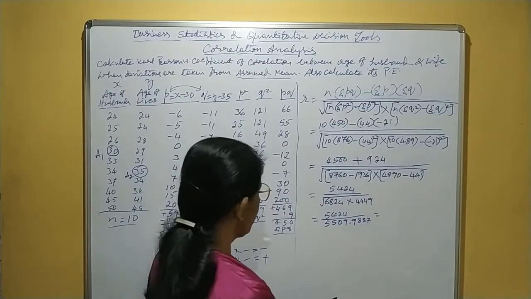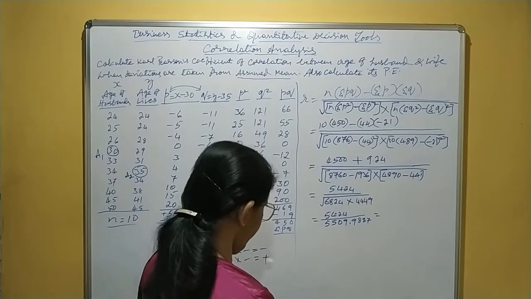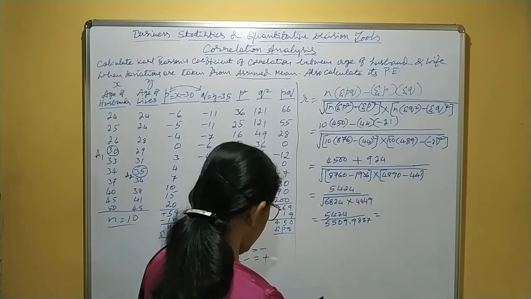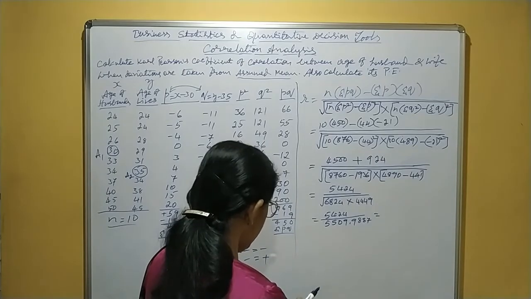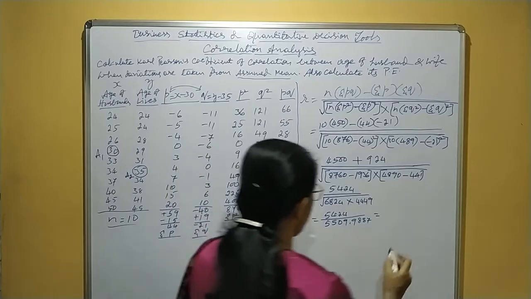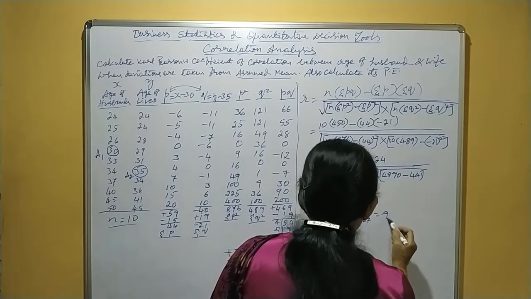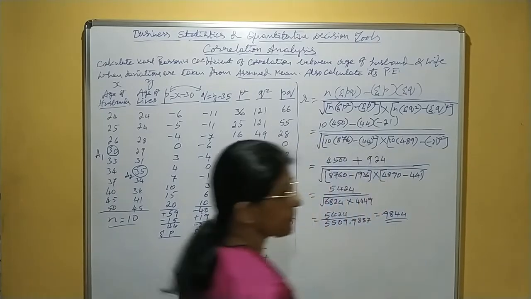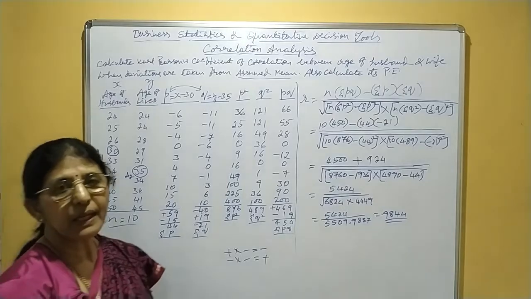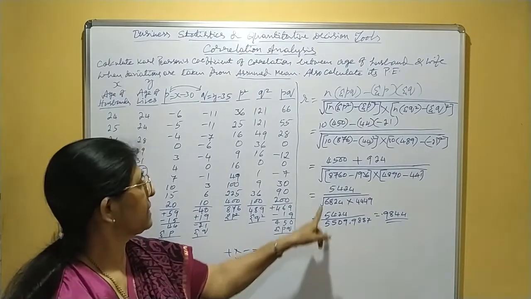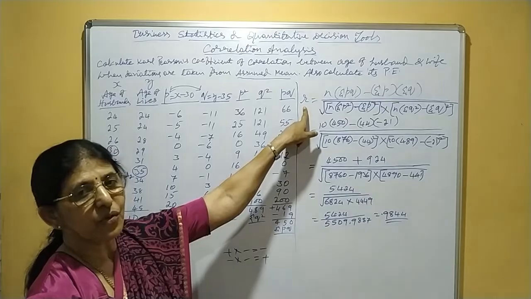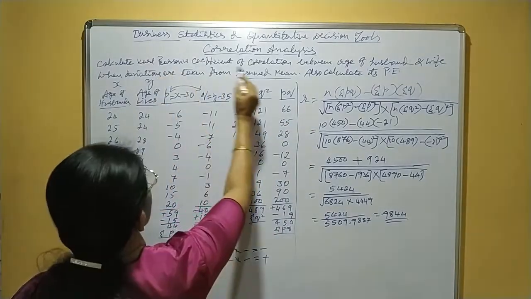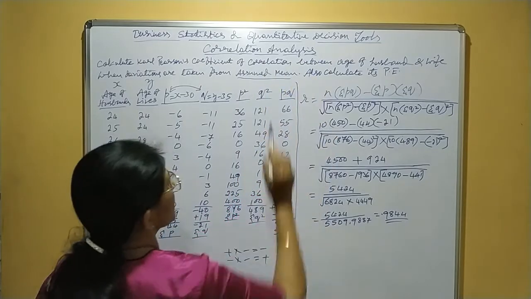Now divide 5424 by 5509.9887 equals 0.9844. This is Karl Pearson's coefficient of correlation. Now this is over. Calculating Karl Pearson's coefficient of correlation is over.